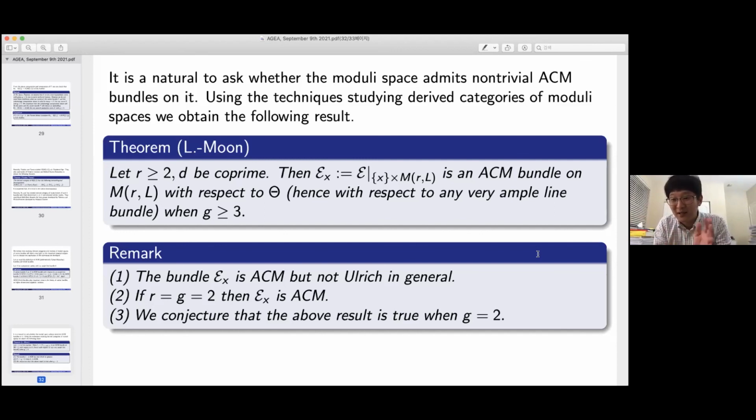If I consider the variation of GIT, a flip by variation of GIT, then there must be some flip, and I think the center of the flip may decompose into, for example, the derived category of the moduli space of rank 2 bundles times C, something like that.